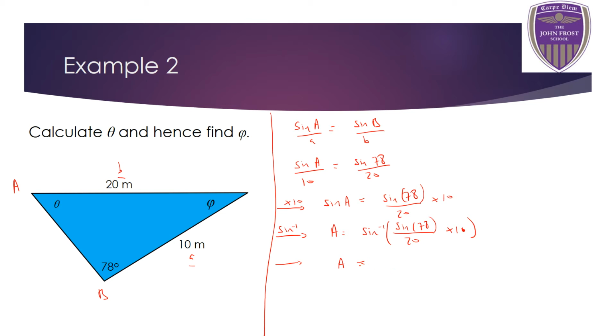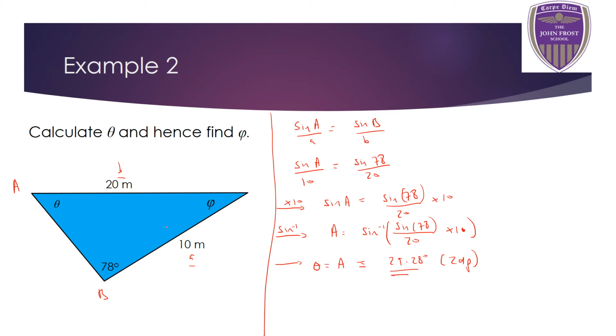So shift sine, fraction, sine 78 close bracket over 20 times 10 gives me 29.28 degrees to 2dp. And remember, this was angle theta.